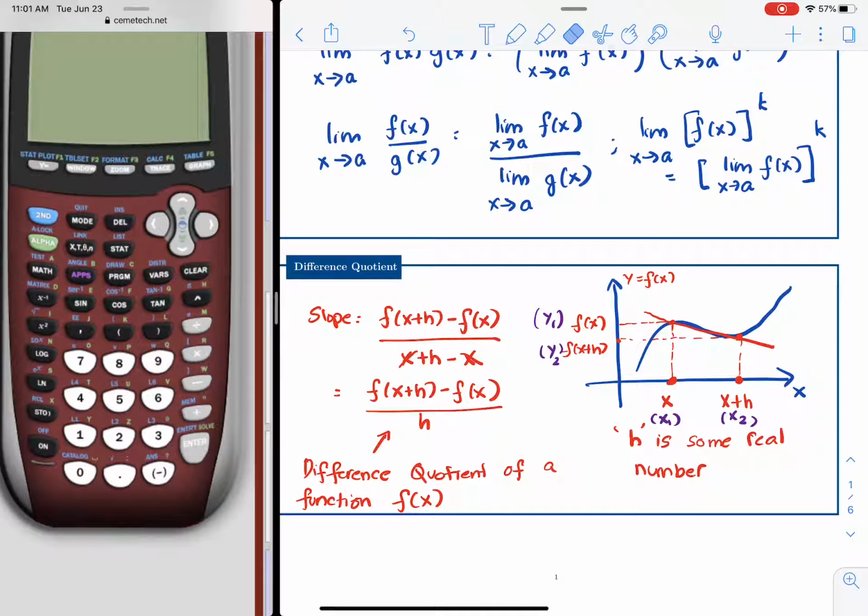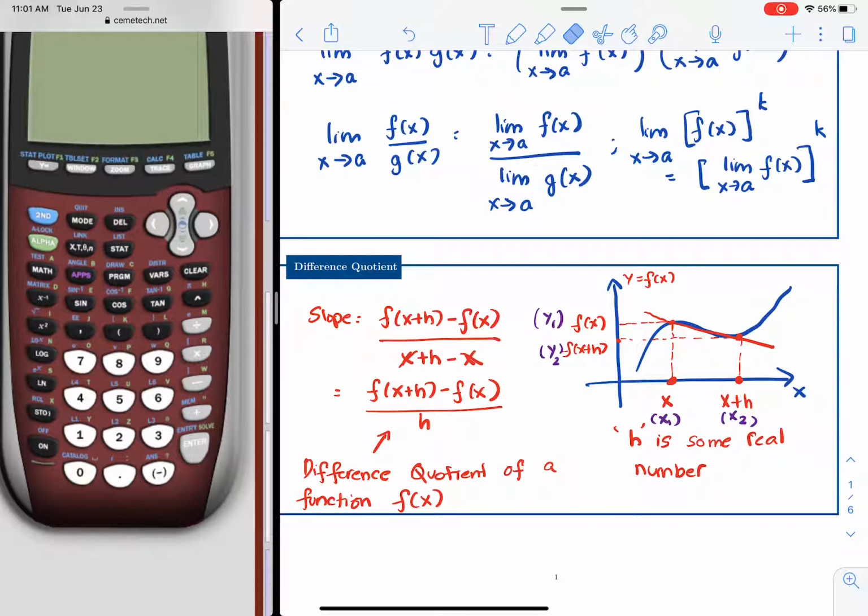Now we have x and x plus h, and if I took the limit as h approaches 0, then the point on the right hand side, x2, as h becomes smaller and smaller, is going to move closer and closer toward x.